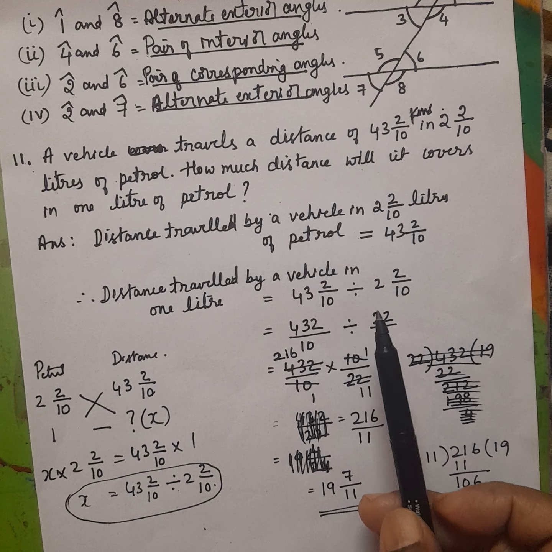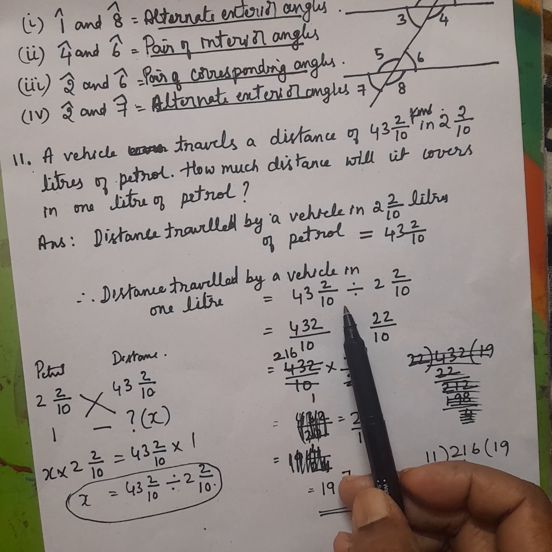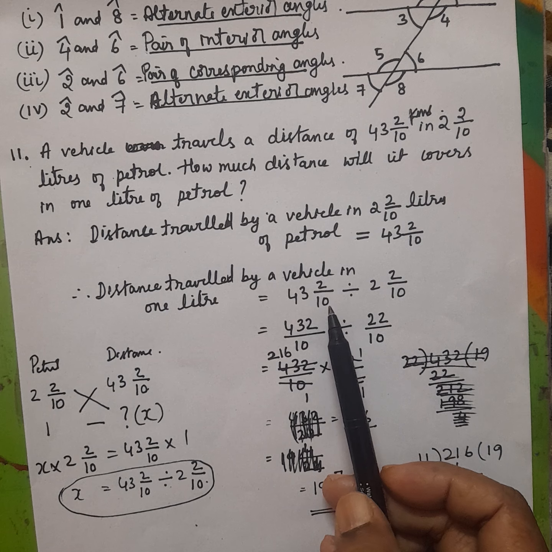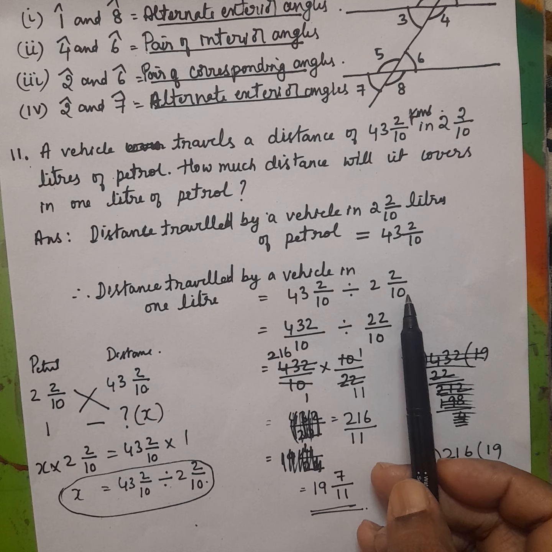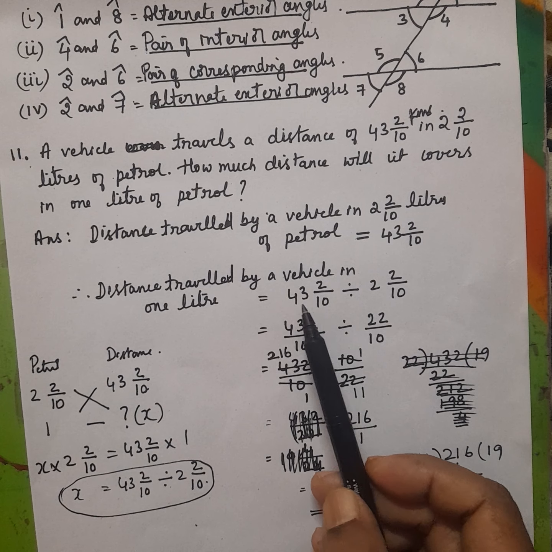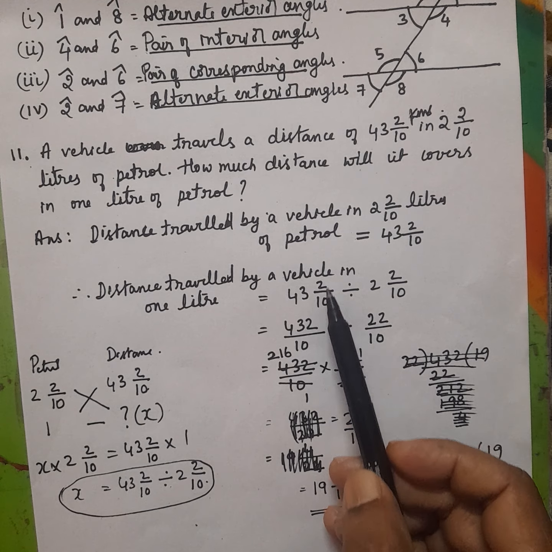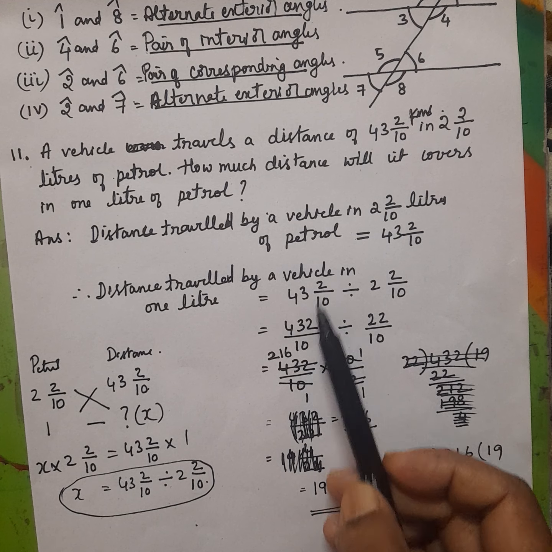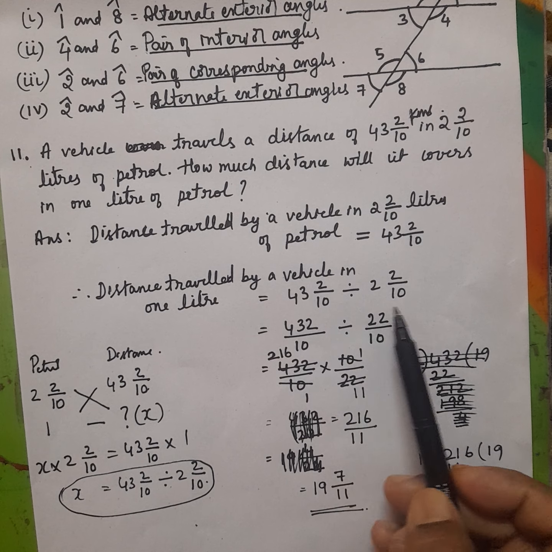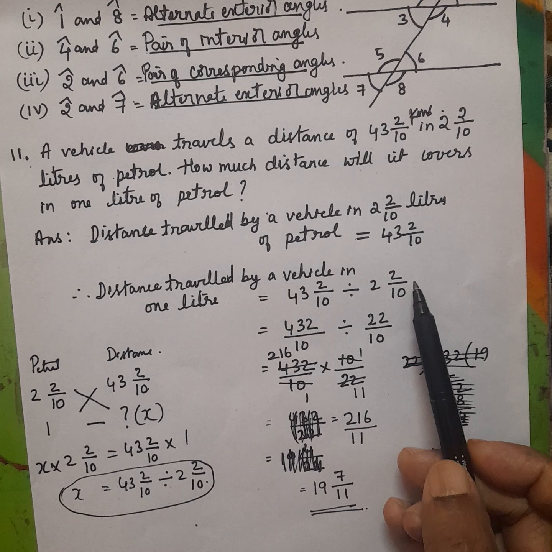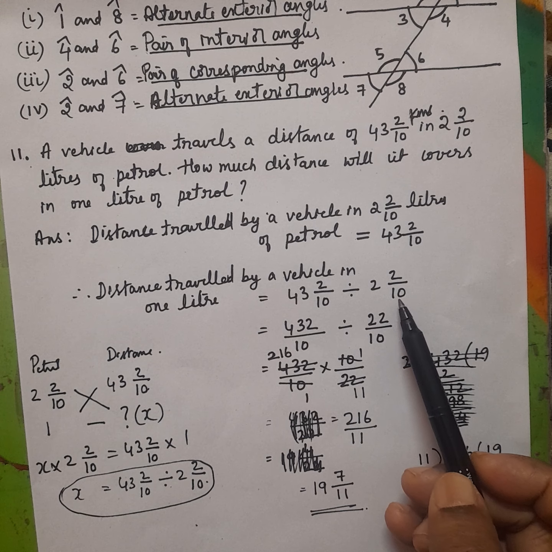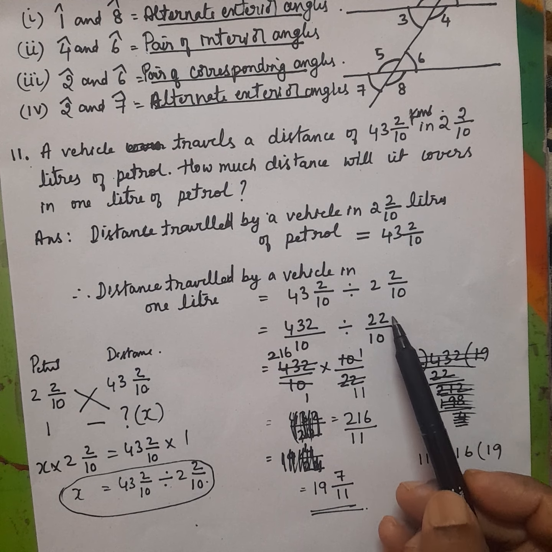Now you solve the question. It's the same as division of fractions. Now 43 into 10 is 430 plus 2 is 432, divided by 10. First you convert the mixed fraction into a fraction. 10 into 2 is 20 plus 2 is 22, 22 divided by 10.